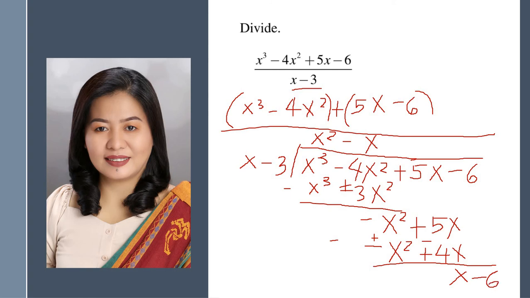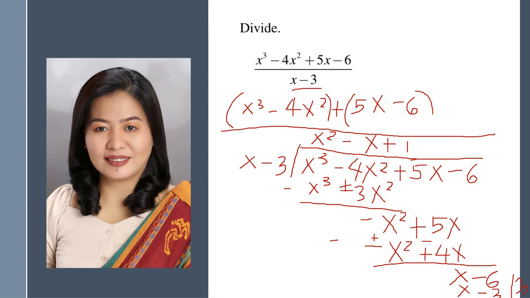2x divided by x is plus 2. And we have now 2x minus 6, and we have a remainder of 0.